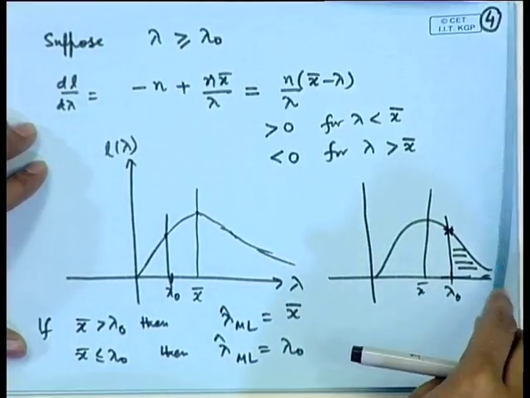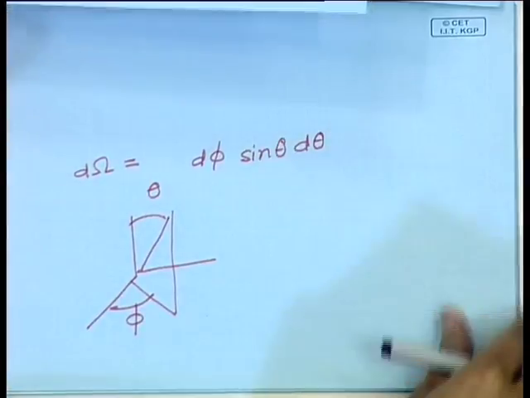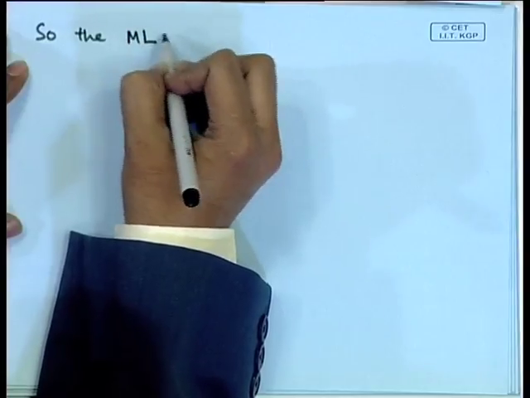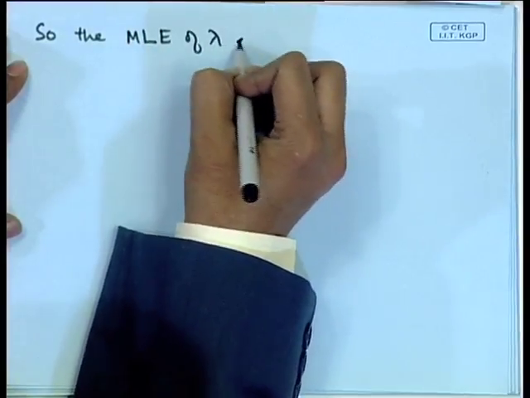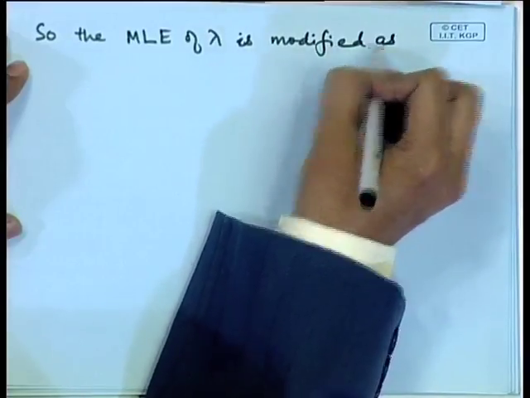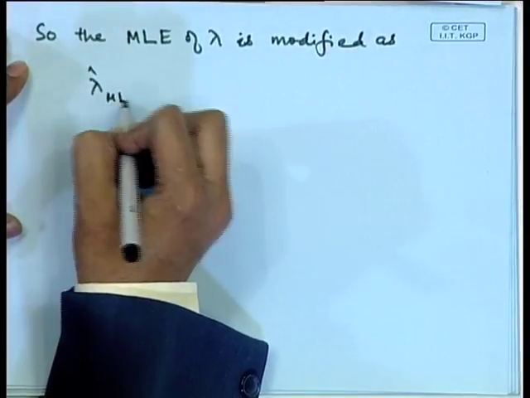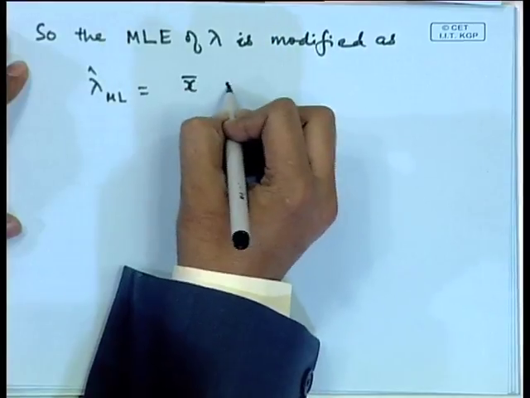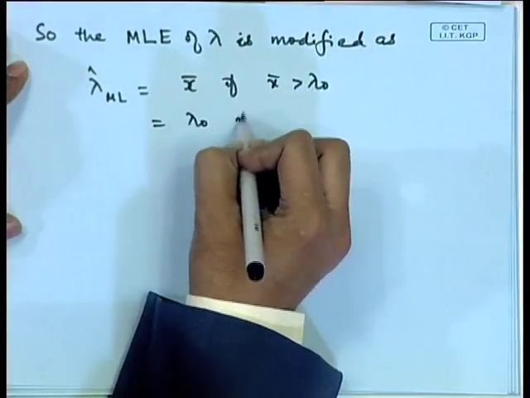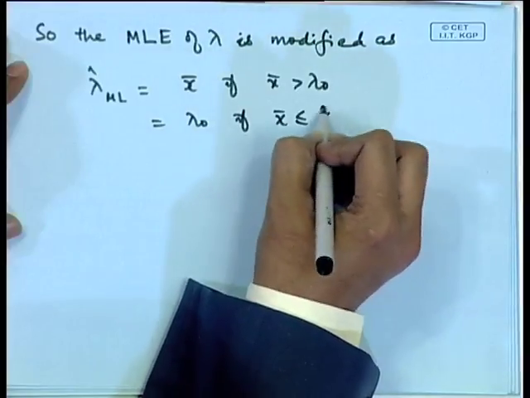So, our estimator is modified. The maximum likelihood estimator of lambda, lambda hat ML, is equal to x bar if x bar is greater than lambda naught, and equal to lambda naught if x bar is less than or equal to lambda naught.